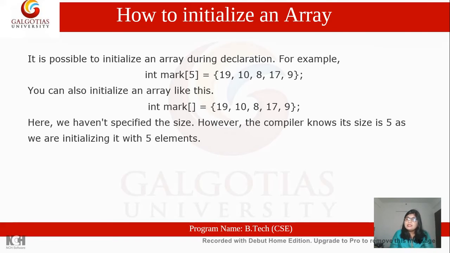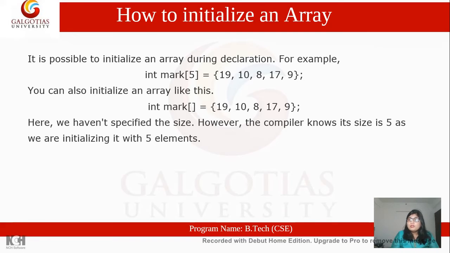That means now the first element of array mark is 19, the second element is 10, the third element is 8, the fourth element is 17, and the fifth element is 9. Please remember, when I say the first element, the index of the first element will be 0. When I say second element, the index of the second element will be 1, and likewise. So this is one way.